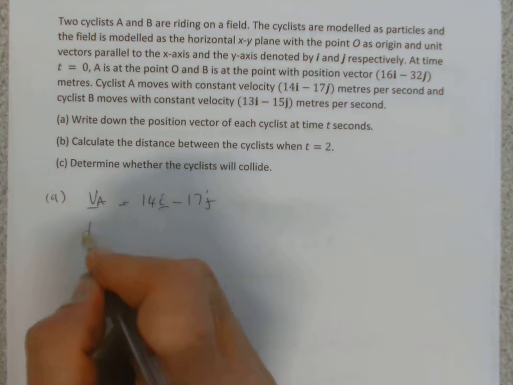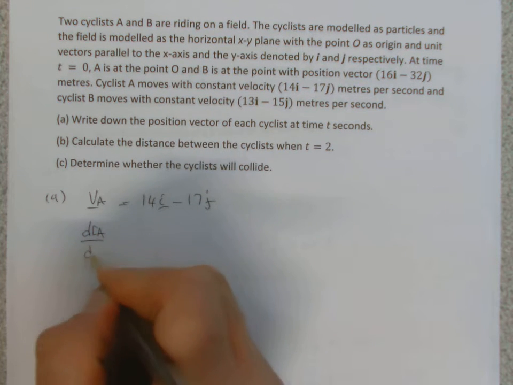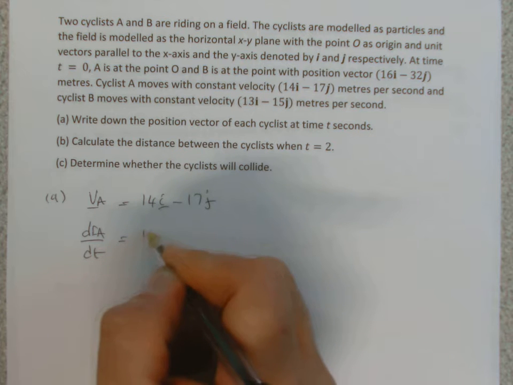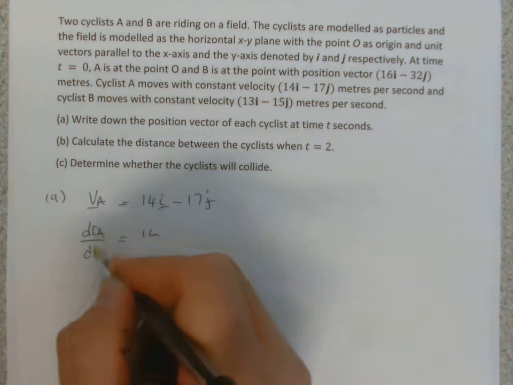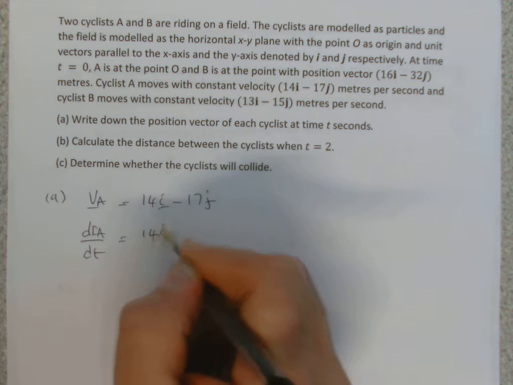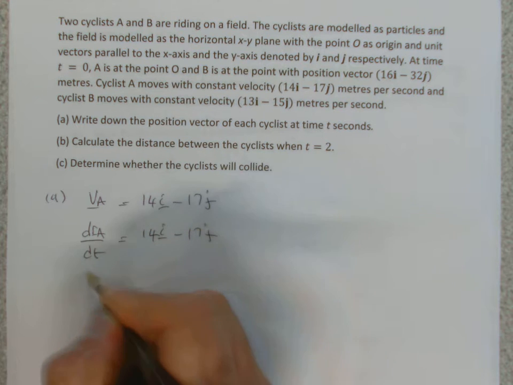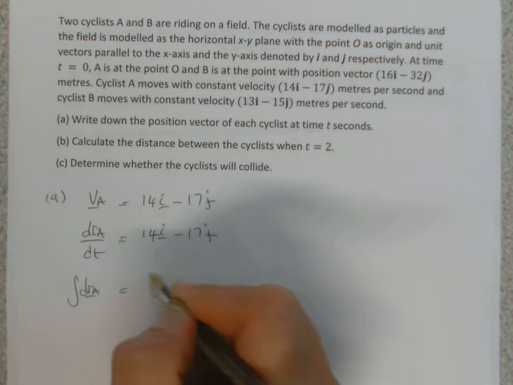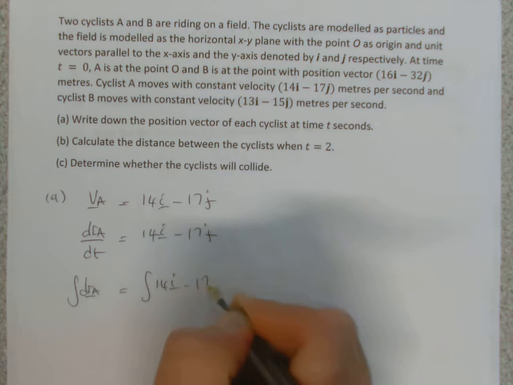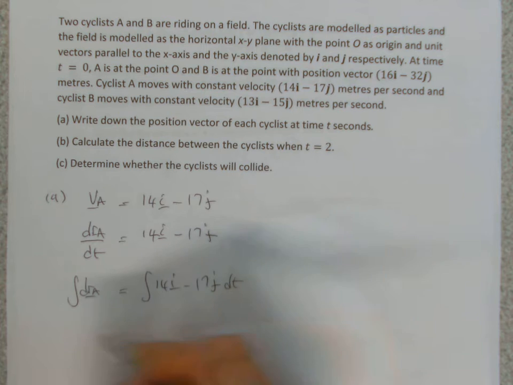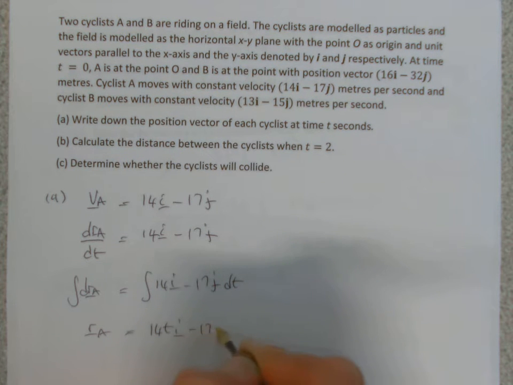To get the position vector, we can integrate, since the velocity is the derivative of the position vector, the displacement. When we integrate this, separating the variables, you get RA is equal to 14ti minus 17tj, plus of course a constant.